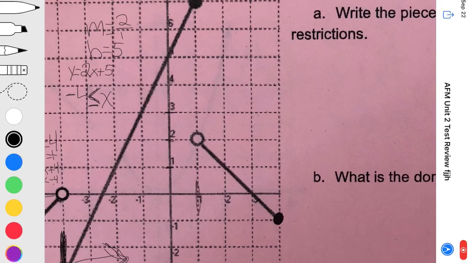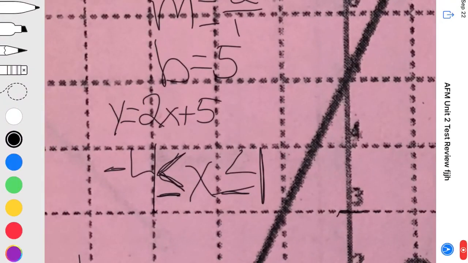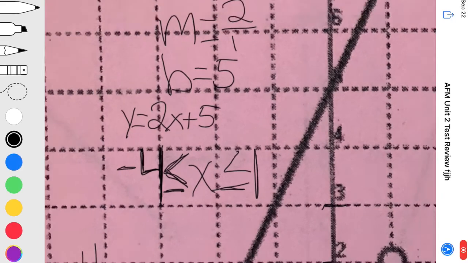And then they're going to stop when x is 1. And from x is 1, they can be less than 1. So x is less than 1, and it can equal 1 because there's a closed circle. So our restriction is x is greater than or equal to -4, and x is also less than or equal to 1. That is our restriction for step 2.